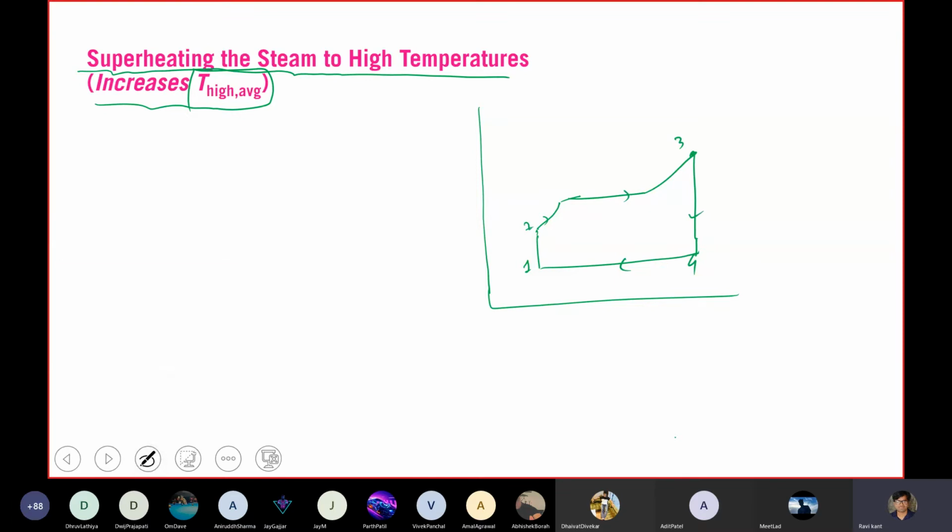Now I am increasing my temperature to an even higher temperature. I am going here, 3 dash. Now I am coming back to a certain place.